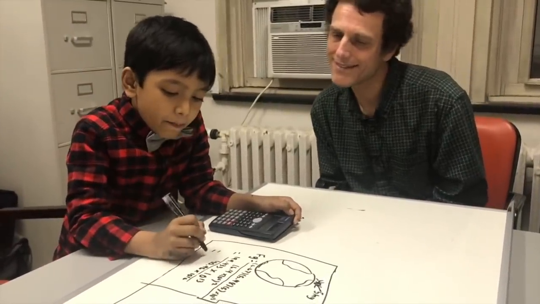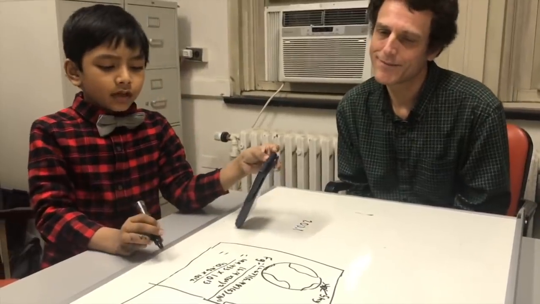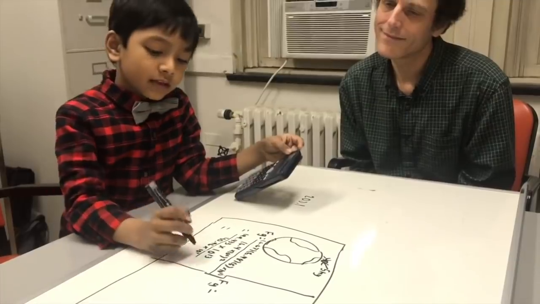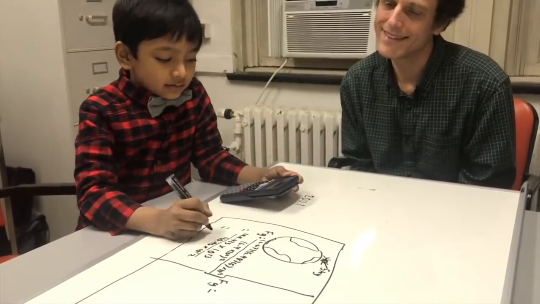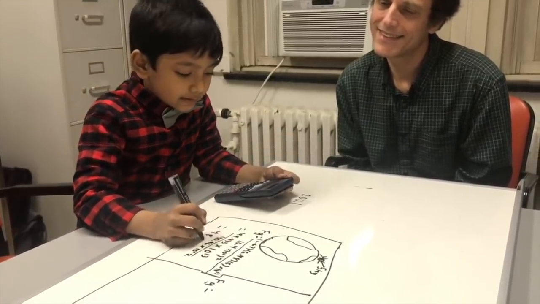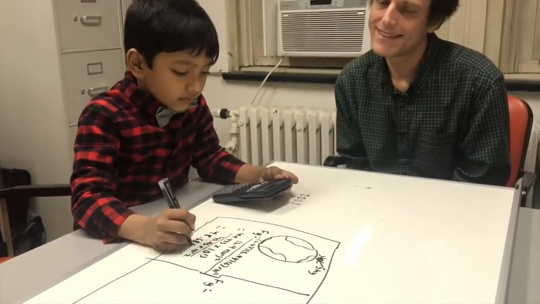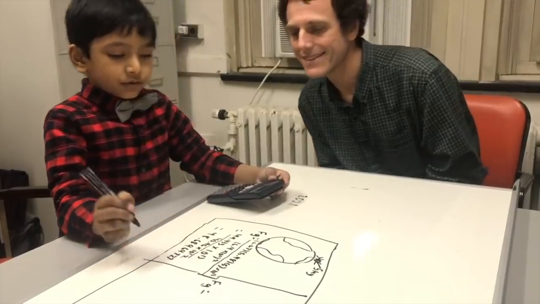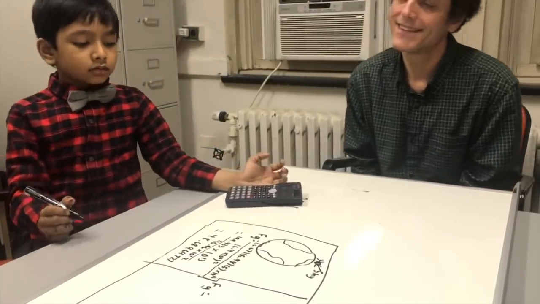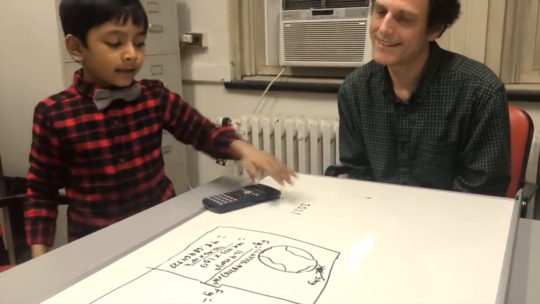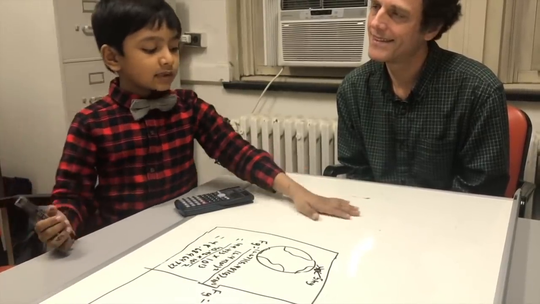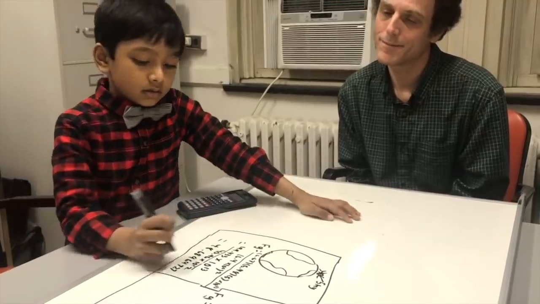Wait, 13 over 16? No, 13 over 12. There you go. 48.68969.727. Very good. So the force of gravitation on that thing is just 10 times its mass. Just a little bit, yeah.